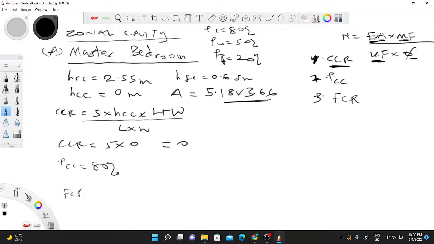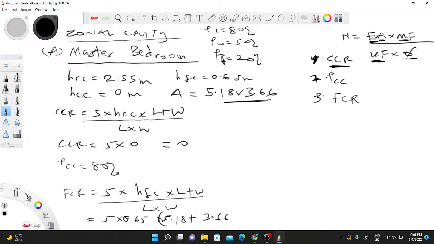The FCR is the floor cavity ratio, given by 5 times the floor cavity height times L plus W over L times W. That is 5 times 0.65 times (5.18 plus 3.66) over the product 5.18 times 3.66.